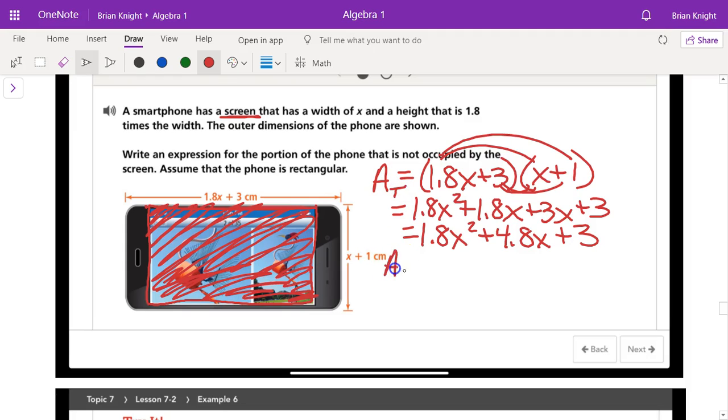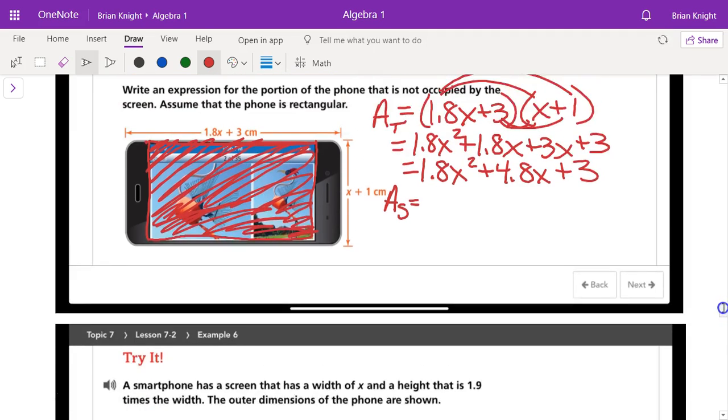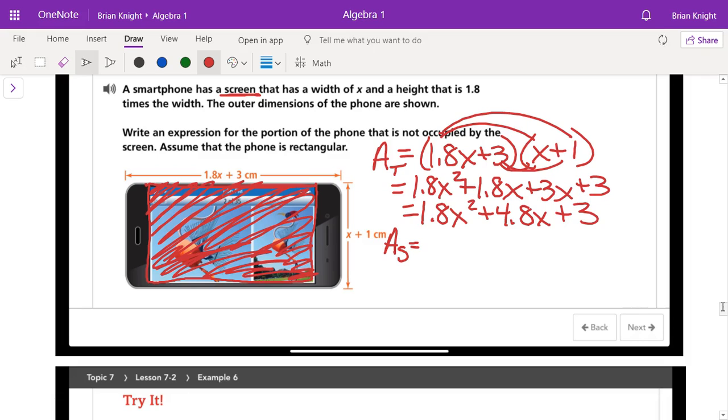The area of the screen is what? It would be 1.8x times x, which is 1.8x squared. What do we do with those 2 things? Subtract.